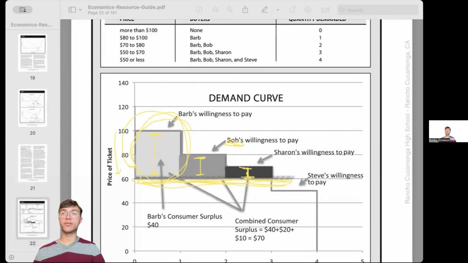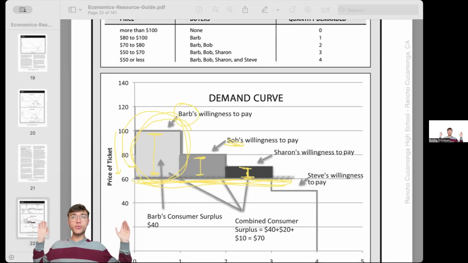So if you've ever thought about concert tickets and been like, okay, I am going to go no matter what, you would be like Barb. If you have a lower price point, great for you. You're not saving a bunch of money technically, but you are not paying as much as you would have.